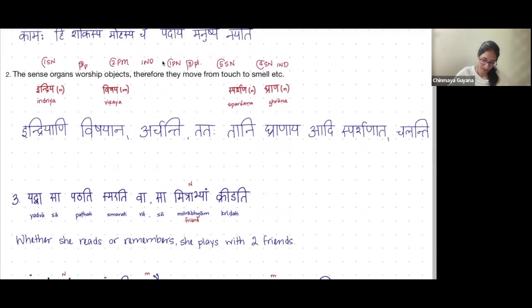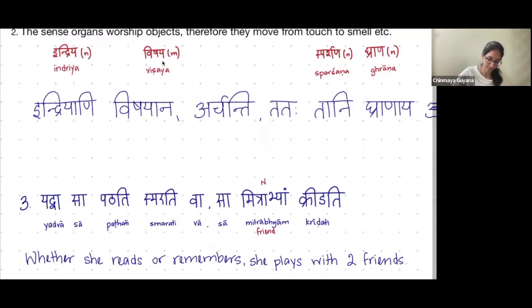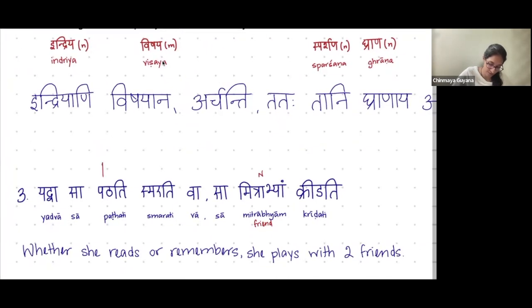Next. Yadva sa pathati smrati va sa mitrabhyam kridati. So now let us see. What is our verb? Verb is pathati, third person singular. Smrati, third person singular.